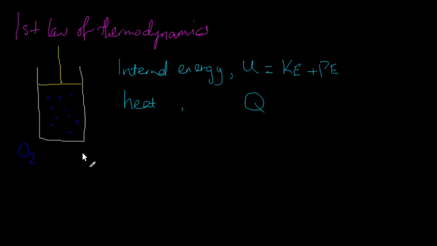I can imagine putting this in a bucket of hot water, or putting a fire under it, or even immersing it into a bucket of ice. In any of those cases, heat will either go in or come out, so there is energy involved.